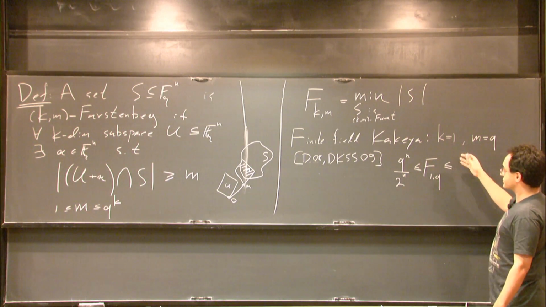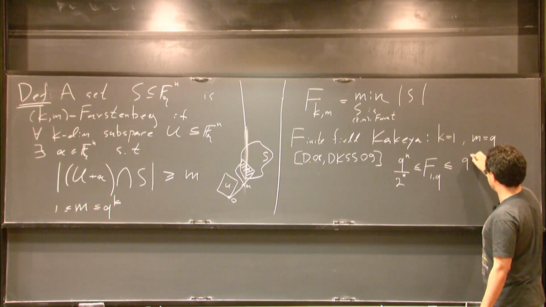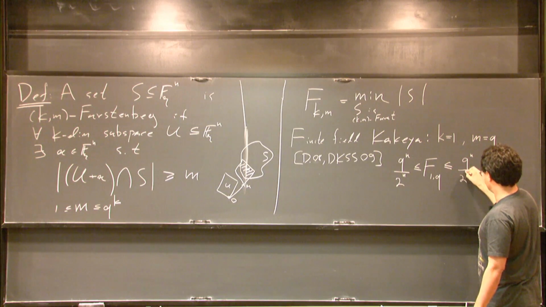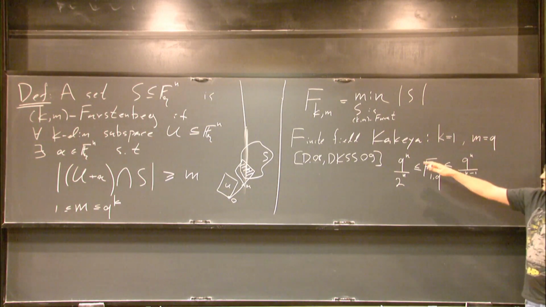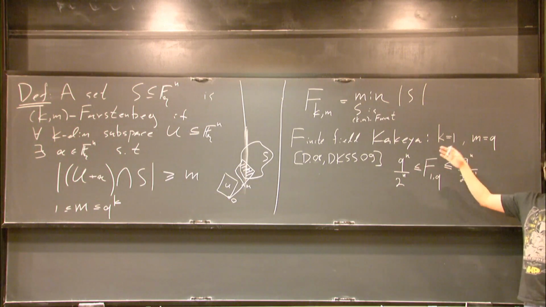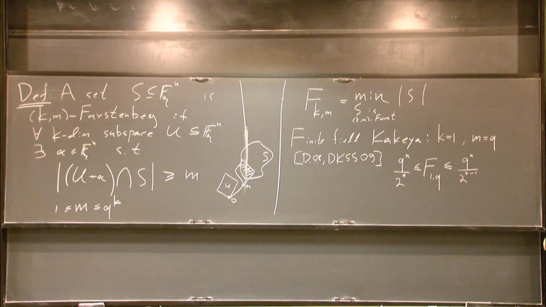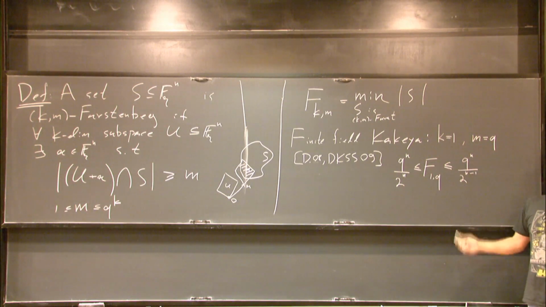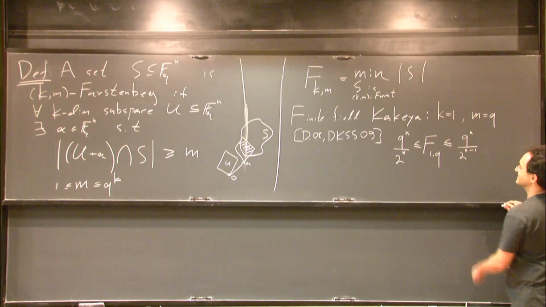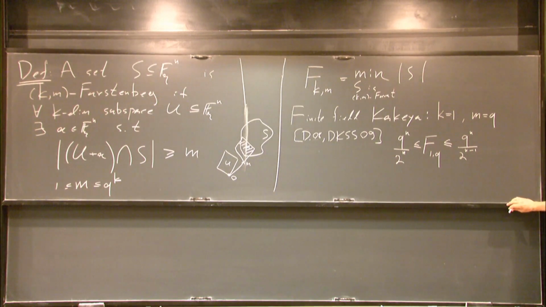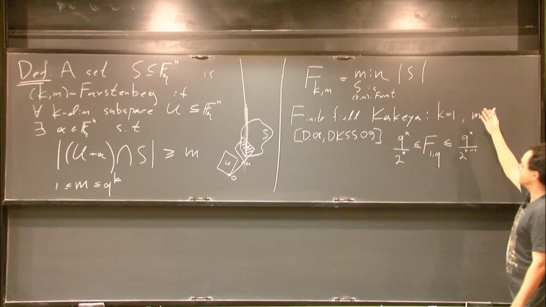And there are constructions of such sets that have size q^n over 2^(n-1). So before these works, even the exponent wasn't known, and we went from not knowing the exponent to knowing the size up to a factor of 2. If anybody wants to close it, that would be much appreciated. And this is when you're containing a line in every direction.